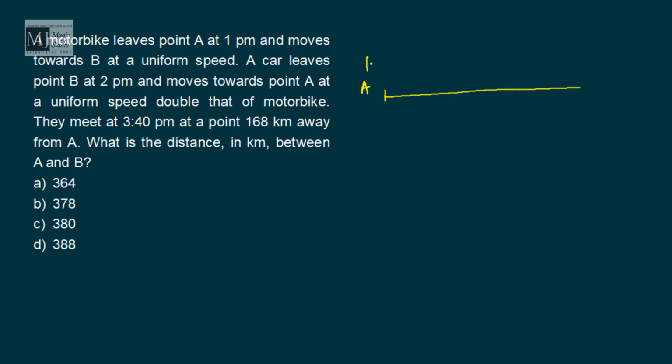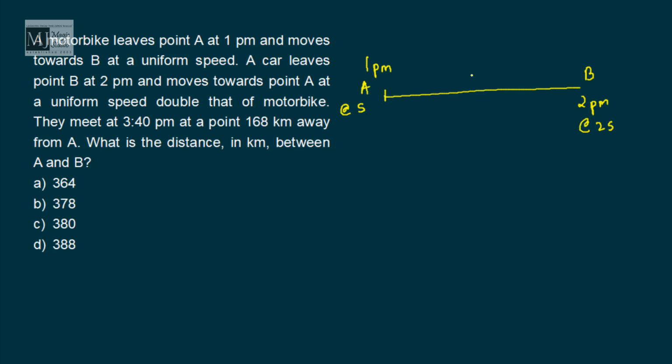A motorbike leaves point A at 1 p.m. and moves towards B at a uniform speed. A car leaves point B at 2 p.m. and moves toward A at a uniform speed double that of the motorbike. So let the motorbike speed be s, then the car's speed is 2s.